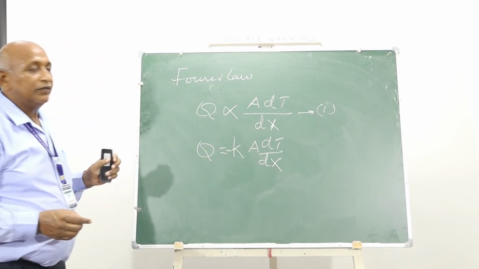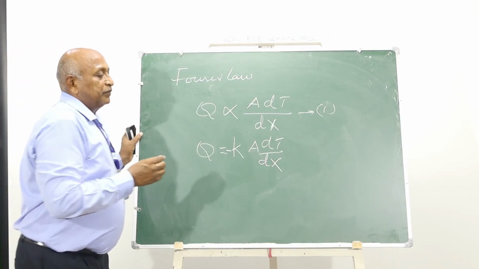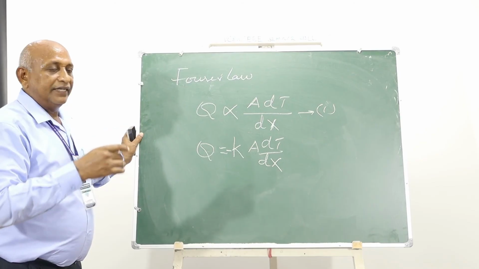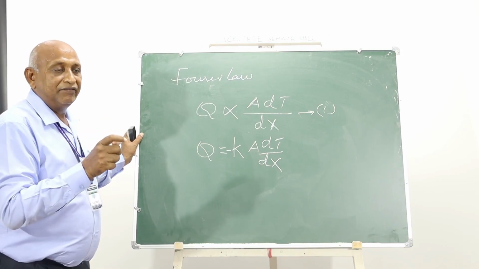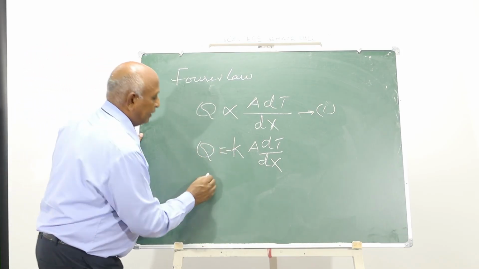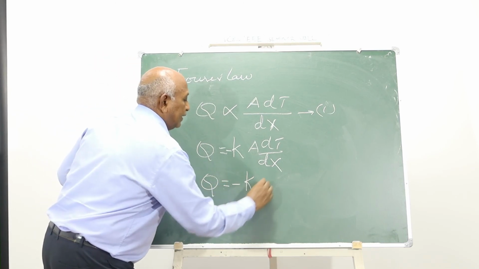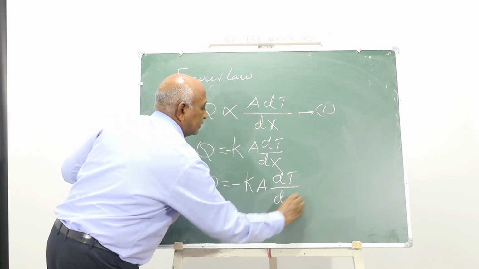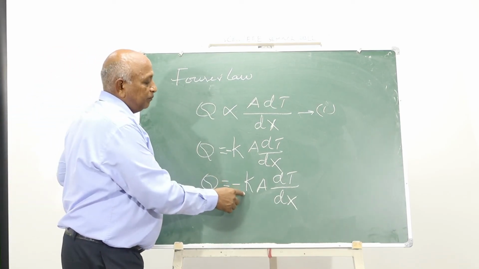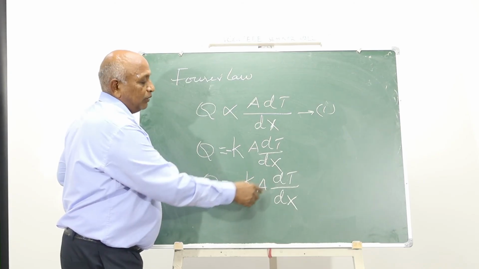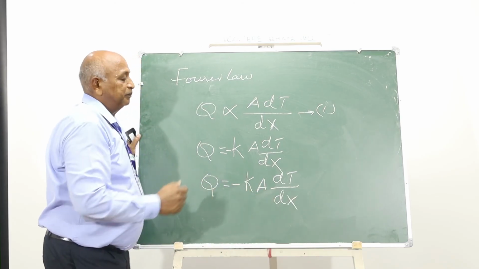The reason for incorporating the negative sign is to get the final value of Q in positive, because when the heat flow is taking place in solids, there is an increase in thickness and a decrease in heat flow. So the final equation for Fourier's law of heat conduction is Q = -K A dT/dx, where Q is the rate of heat transfer in watts, K is thermal conductivity in watt per meter Kelvin, A is the area in meter square, dT is the temperature difference in degrees Celsius or Kelvin, and dx is the thickness of the material.